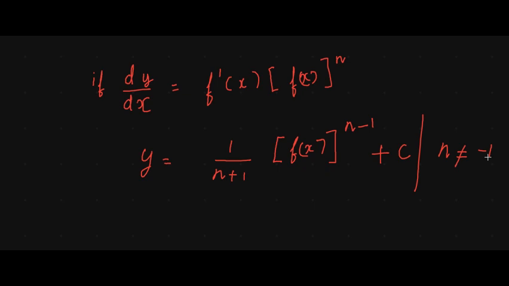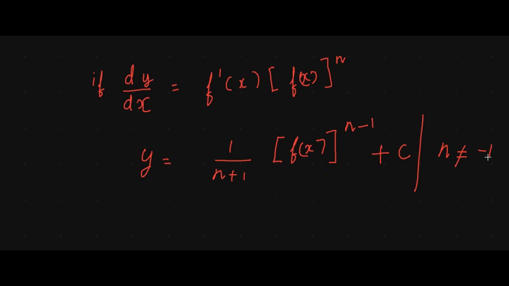It is of the form f prime of x, the derivative of that function, multiplied by that function to the power of n. If that is the situation, then all you need to do is forget about the f prime of x, right?